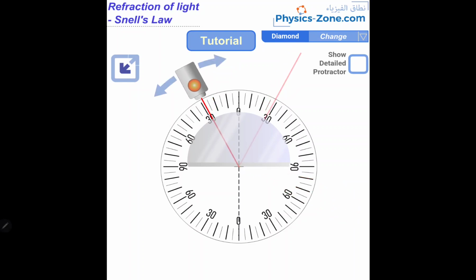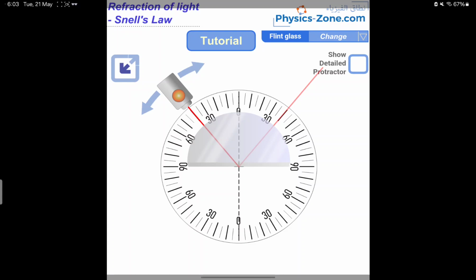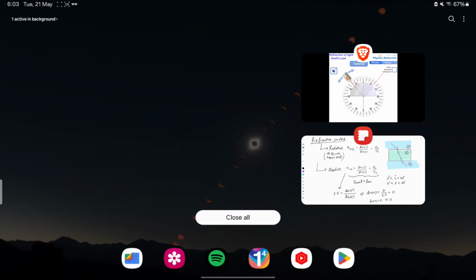Only reflection remains. So if we cannot observe refraction, how do we even measure the angle of it? Okay, so that was about the limits that we have over our angle.